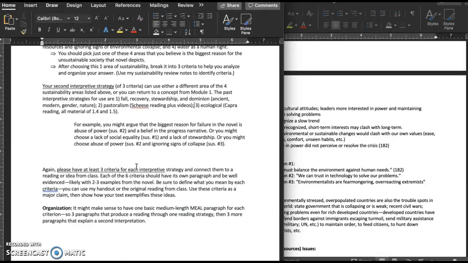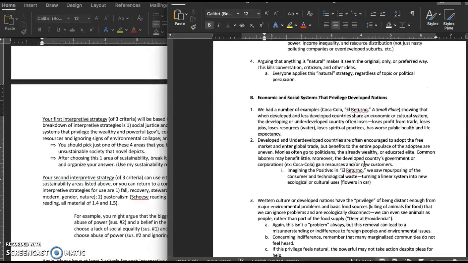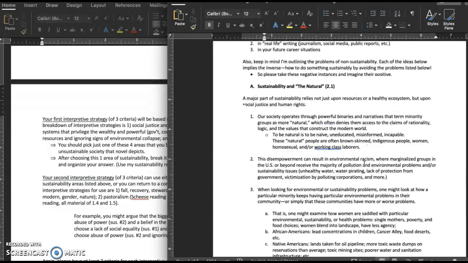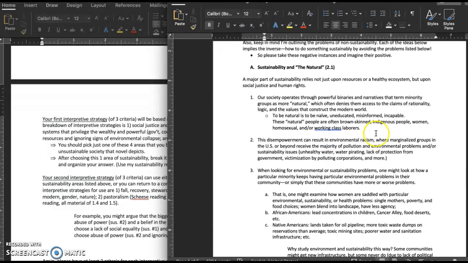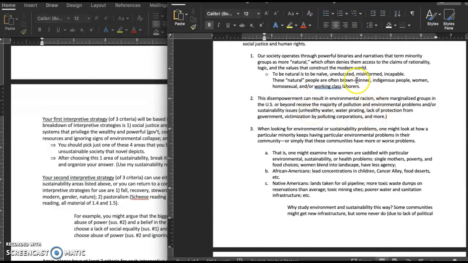I don't want to say too much about The Water Knife, but clearly all of these things are there. If we just want to go through our four areas, we certainly see social inequality. You want to pick out, well, who is socially unequal here, and why and how, right? I went over how to write about this in the last video. So how is the environmental racism happening?